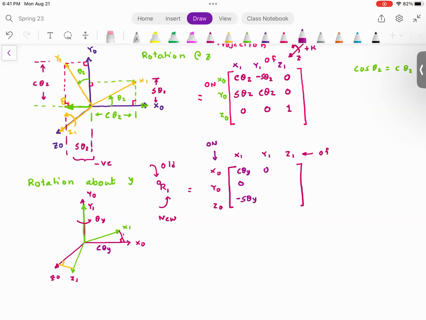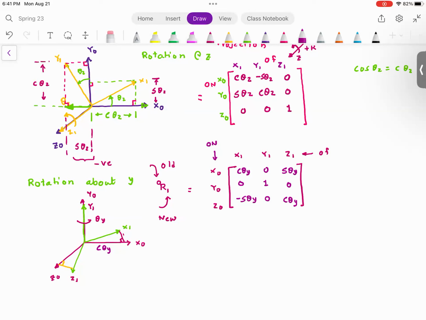Y1 on x0 is 0. Y1 on y0 is 1. Y1 on z0 is 0. Z1 on x0 is sine theta y. Z1 on y0 is 0. Z1 on z0 is cosine theta y.